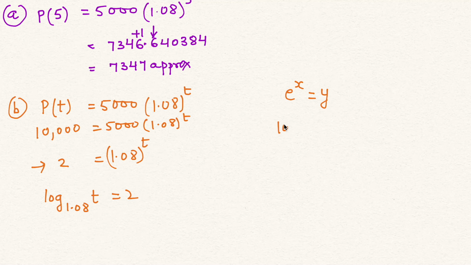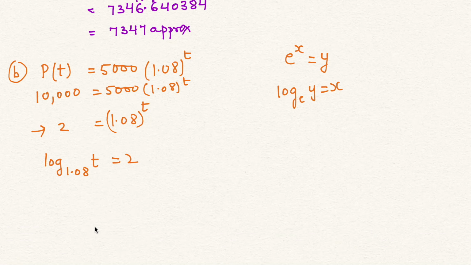This is exponential. Then log base b of y is equal to x, right? So my bad, log base 1.08 of 2 is equal to t. So then it will be log of 2 over log of 1.08 is equal to t.